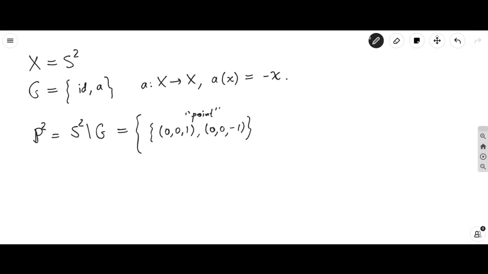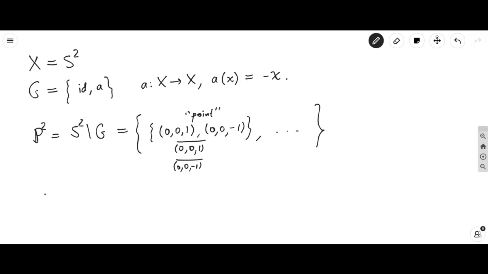It's a little bit confusing because it's not one point, but really two points, but they get put together into a set, and the whole thing is now a point. And then you can represent this as the mod class of (0, 0, 1), or you can represent this as the mod class of (0, 0, -1). So that would just be one point.